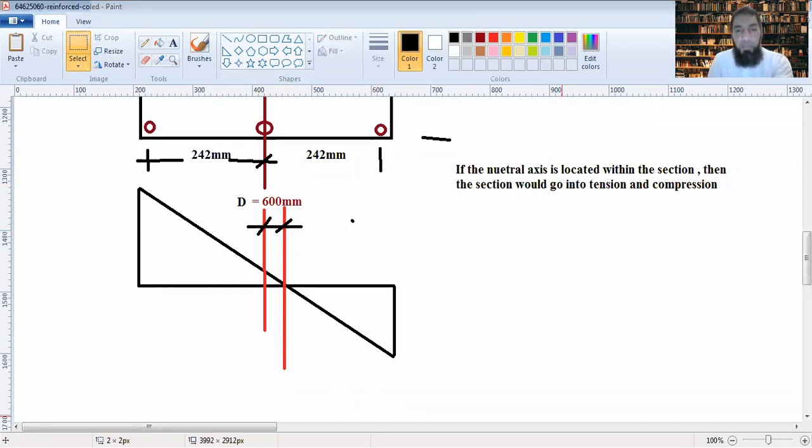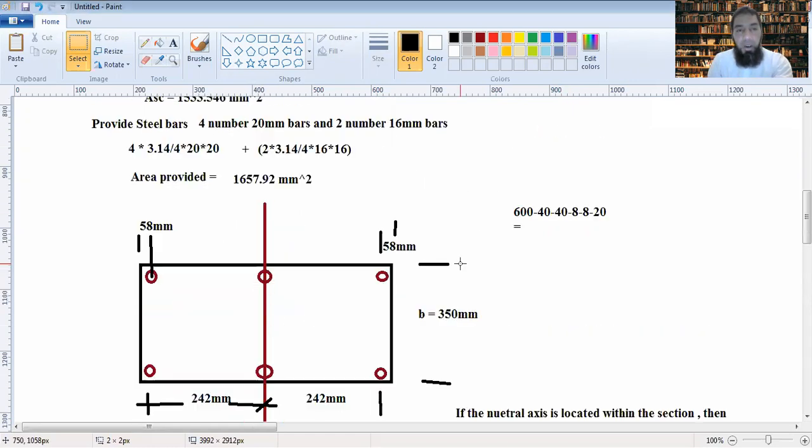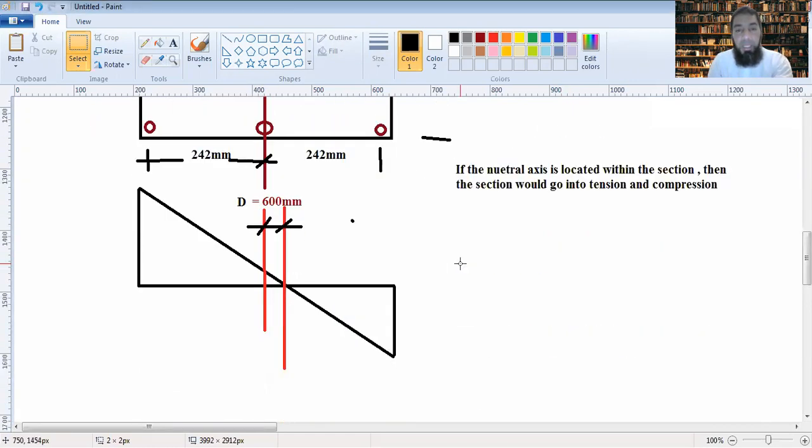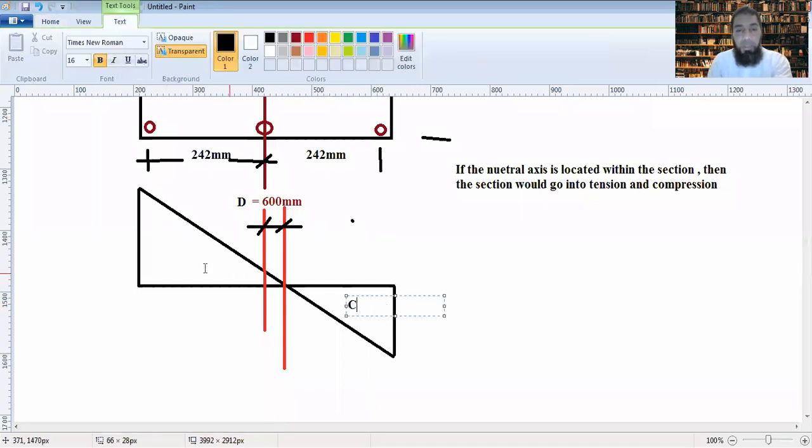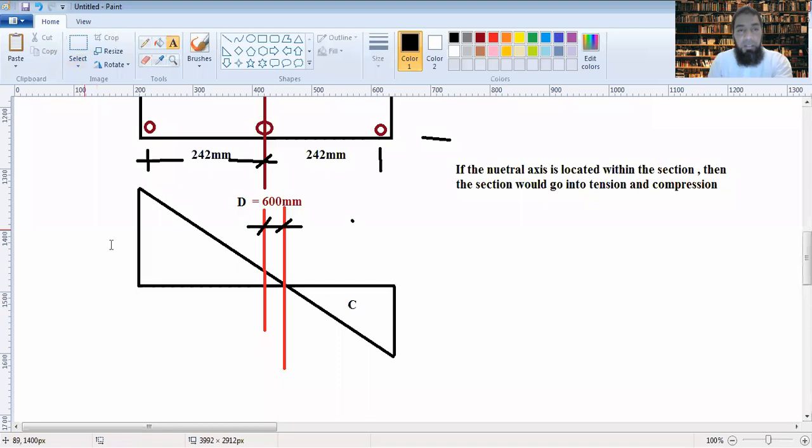Now half of the column here is in compression and the other half, also becoming under eccentric loads, is coming under tension. So this portion is under compression and the other portion comes under tension. Although both the portions are vertically actually in compression, when you are determining eccentric loads, for moments, now moments are acting here.